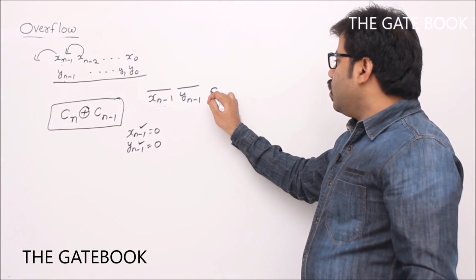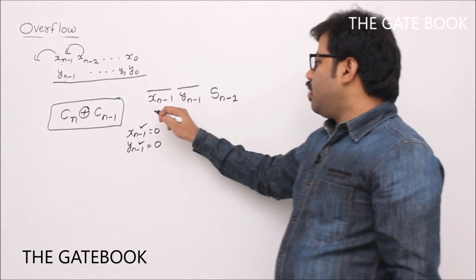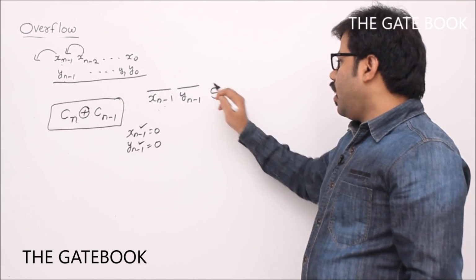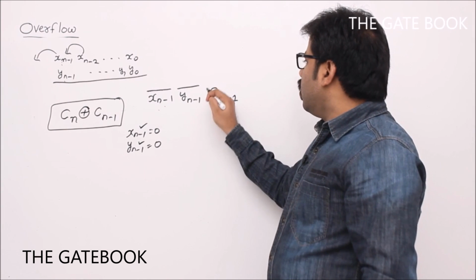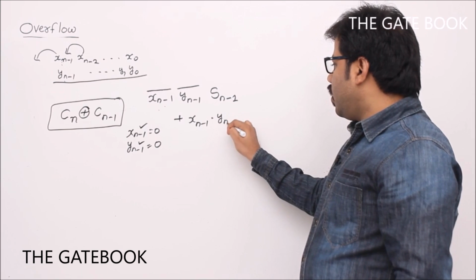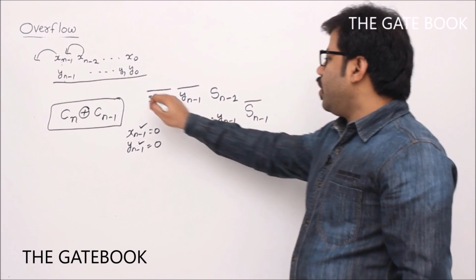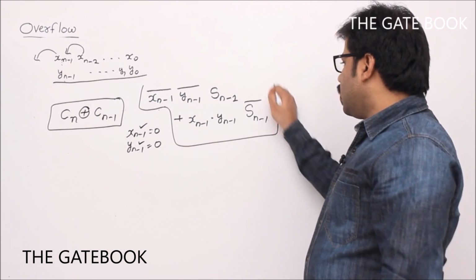At that time your sum matters. So I will explain, don't worry. The condition is xn minus 1 bar, yn minus 1 bar, sn minus 1, plus xn minus 1, yn minus 1, sn minus 1 bar. So this is also going to be an overflow condition.